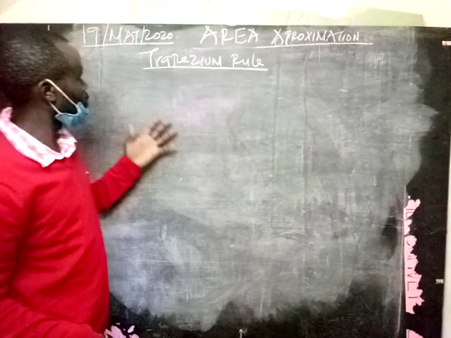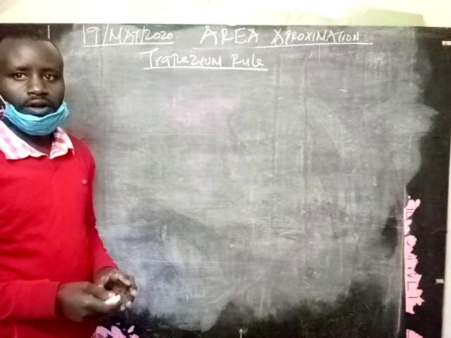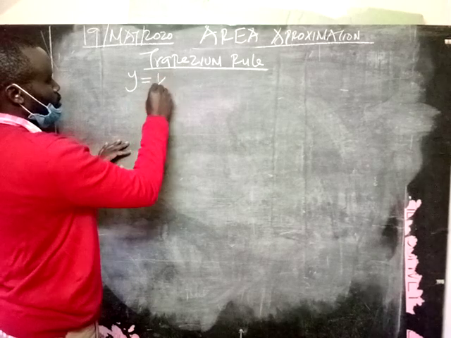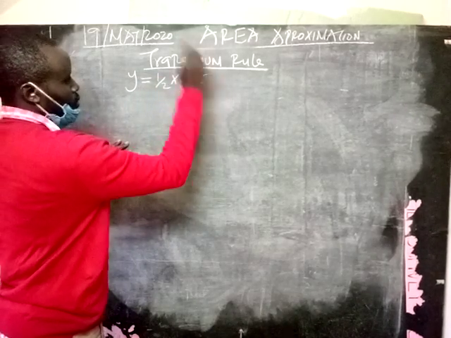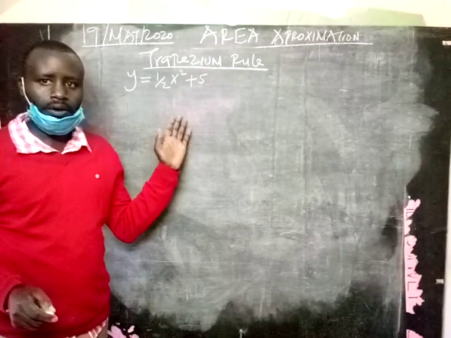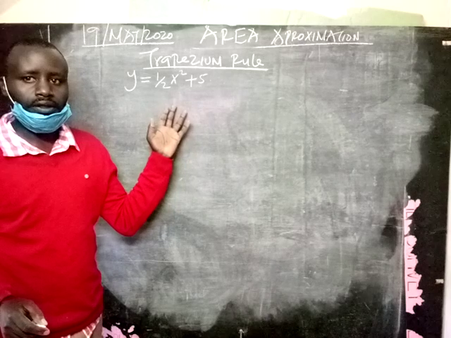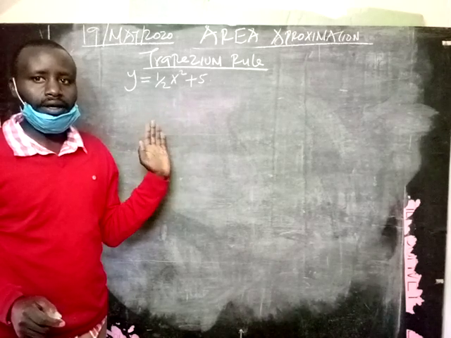So we are proceeding with the trapezium rule, and this is where we are going to have area. Let us consider the area bounded by this curve and the x-axis and also the y-axis.